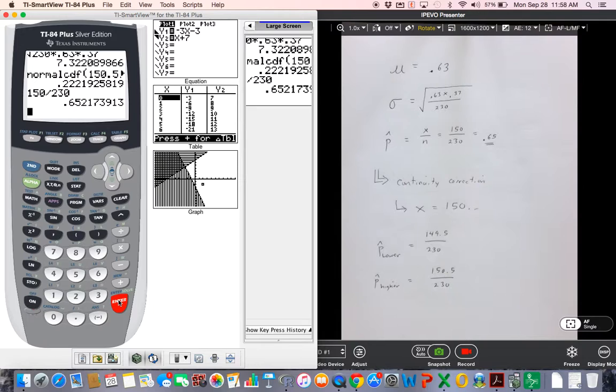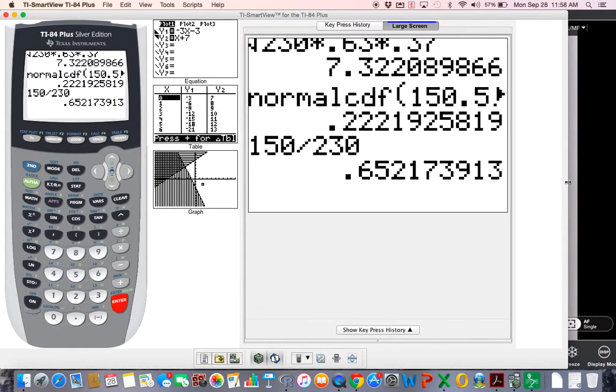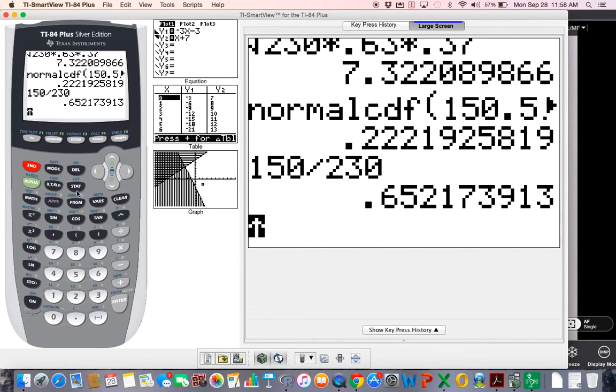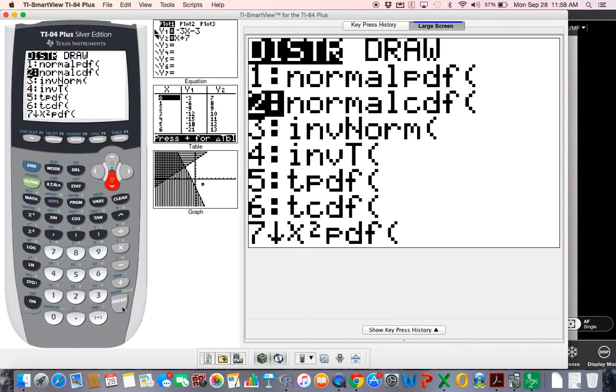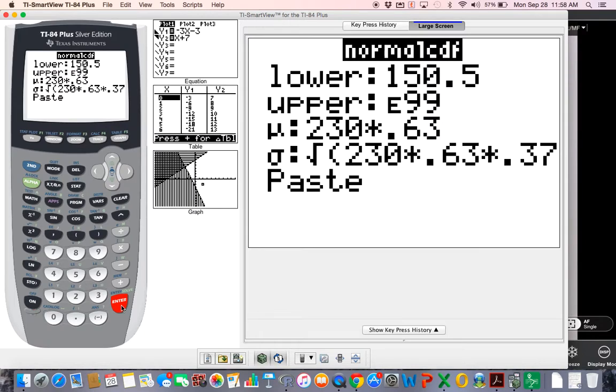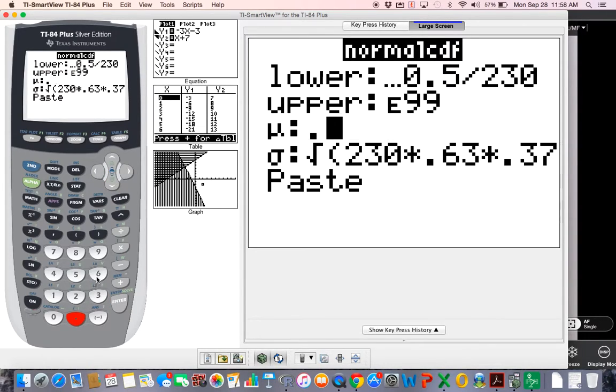So guys, when we do this on our calculator, let's get this larger right here now because this is what we need. We're going to come into distribution, normal CDF. Now our lower bound is going to be what? It's going to be 150.5. Now a lot of students will stop there. Guys, no, don't stop. You've got to take that out of the 230 students that were sampled. Up to the E99. Guys, in this problem, the mean is 0.63.